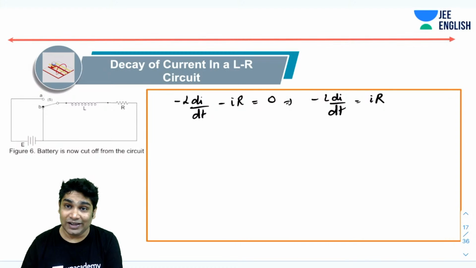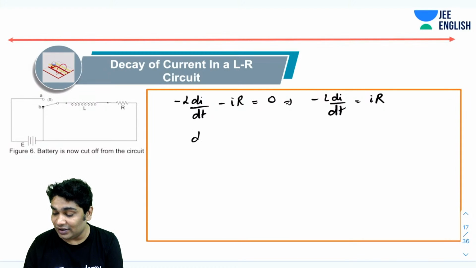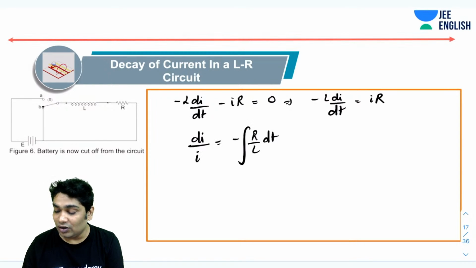From here, I will take all the I terms on one side and I get di over I equals minus R over L dt. Now, I will integrate this.